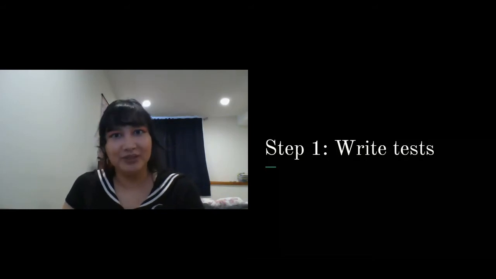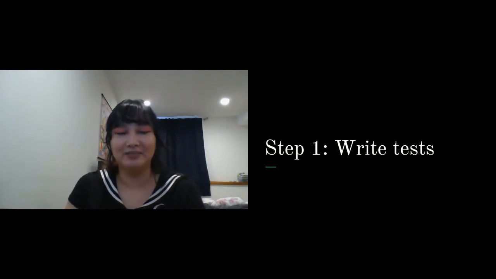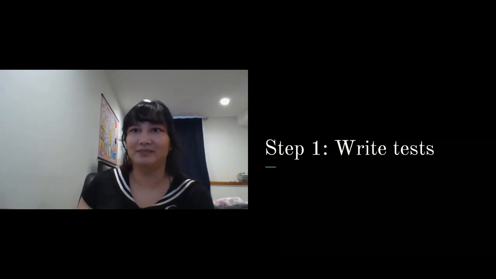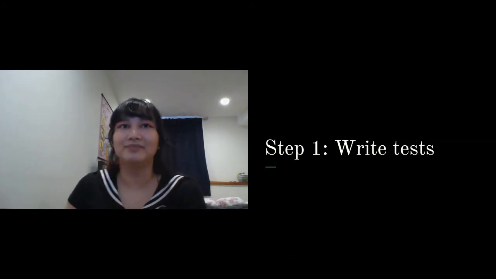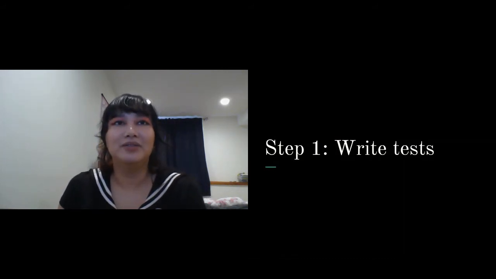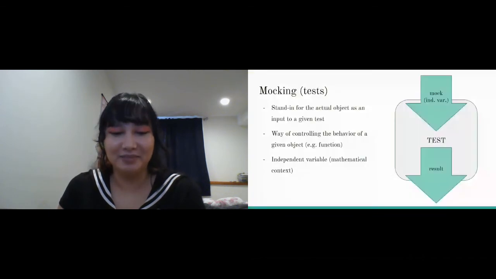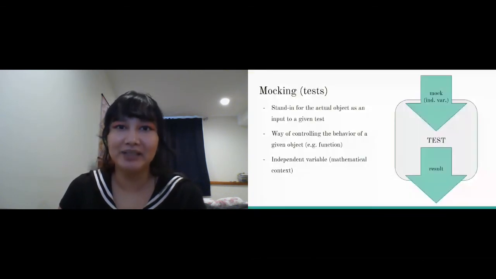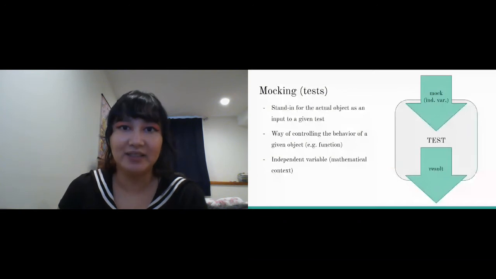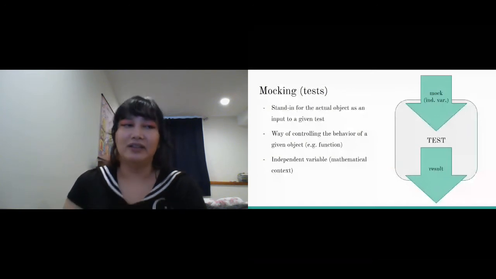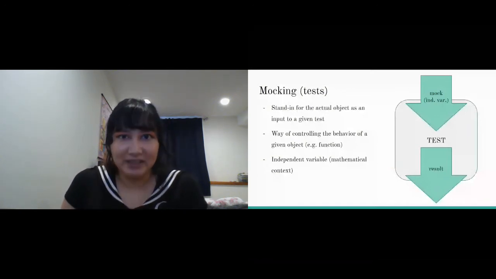But before we go into the code, I'd like to introduce a few concepts. So mocking. Before we even get to mocking, I'd like to talk about tests for a little bit. In my head, I like to use this analogy. When we think about writing automated tests in our own application, it's basically doing a science experiment.